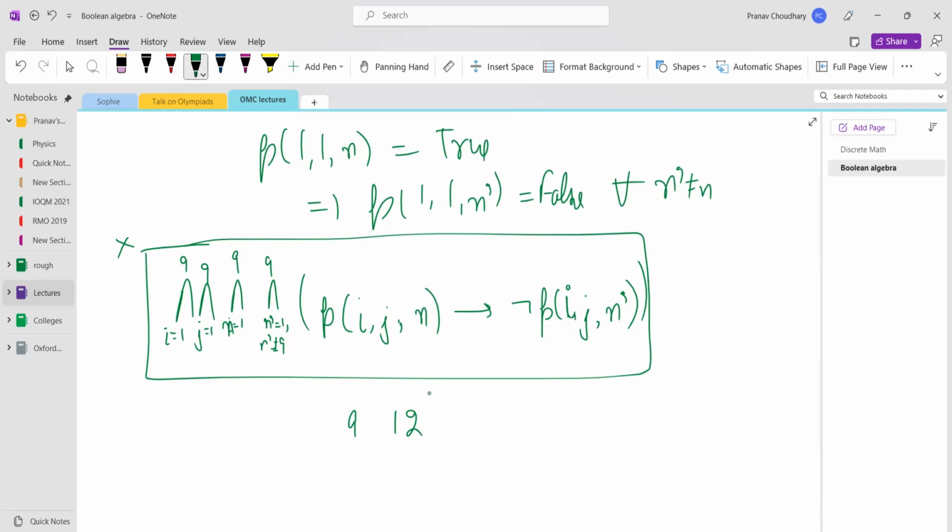I'm also having a bit of trouble with the notations here. If all the P(I, J, N) and the conditions on the left hand side are satisfied, what does it mean, sir?